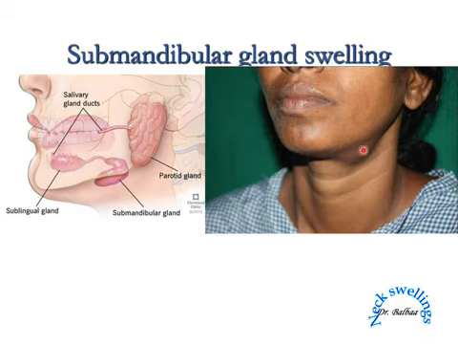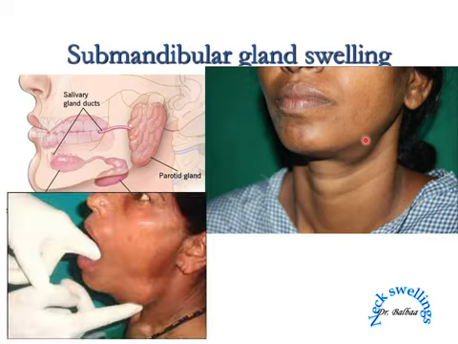Some of you may play by moving this lymph node across the edge of the mandible. But the submandibular salivary gland, due to its anatomical relation, can never be moved across the edge of the mandible manually.